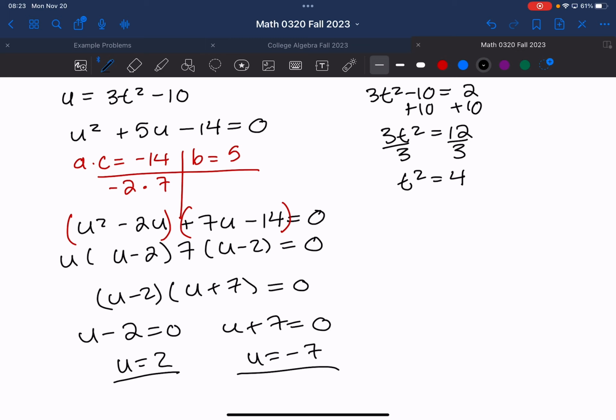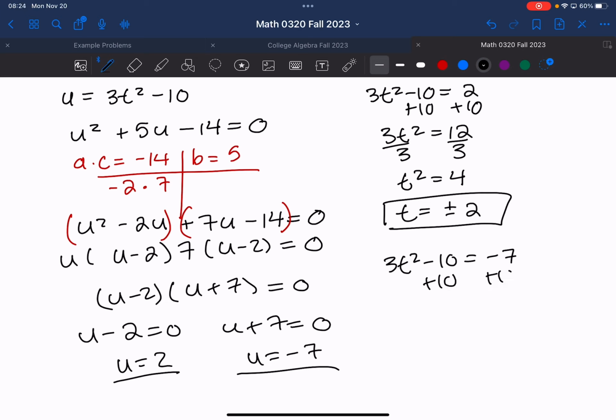And when I take the square root of both sides, I'm going to get how many answers? Positive or negative. So t is equal to plus or minus 2. That's my first answer. Now I'm setting 3t squared minus 10 equal to what number? Negative 7, because that's the other value that I got.